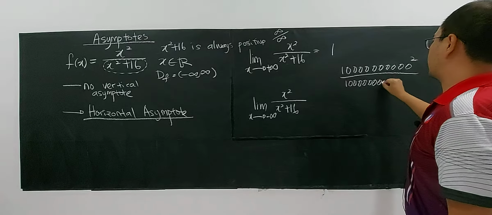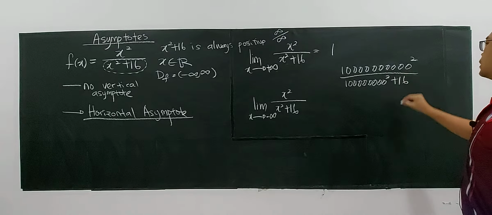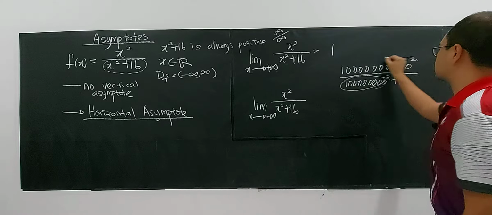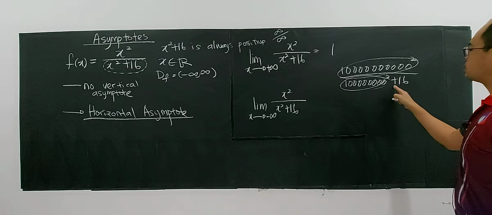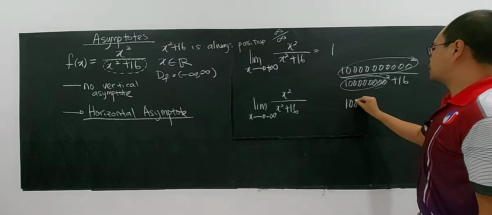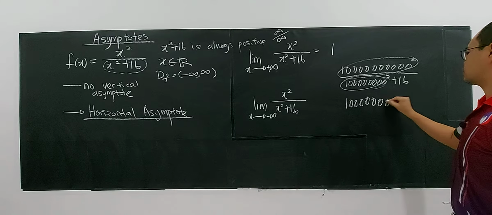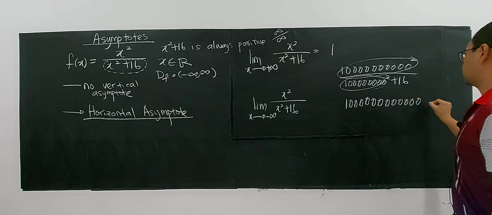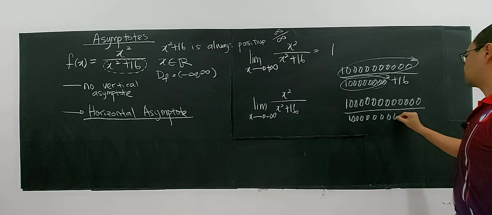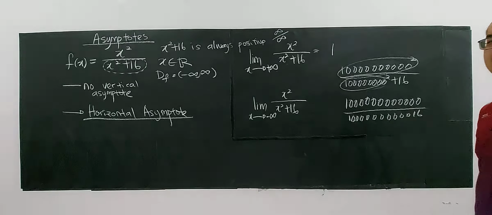If you square and add 16, these two values will be almost the same, just plus 16. It may be 1 followed by many zeros on top, and on the bottom 1 followed by the same number of zeros, plus another 16.